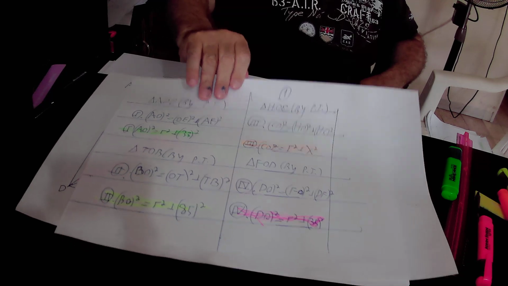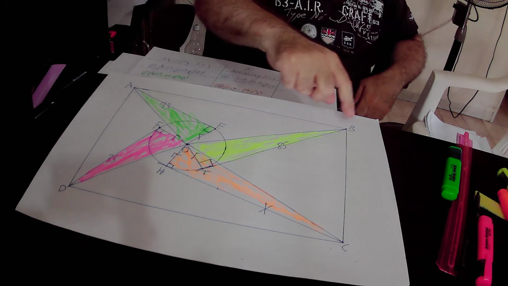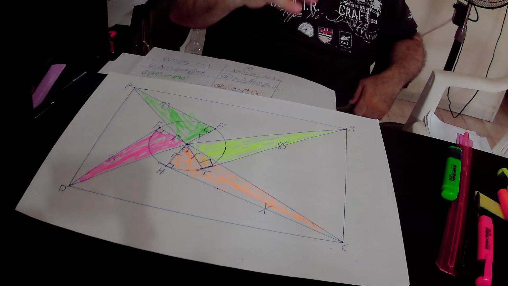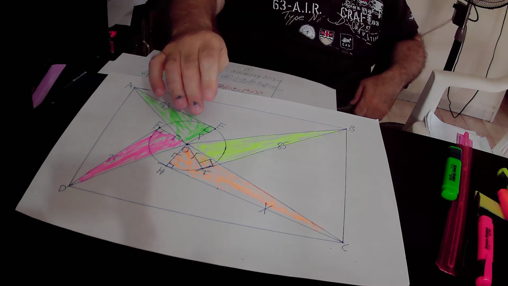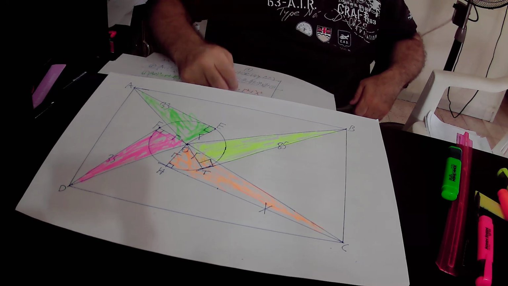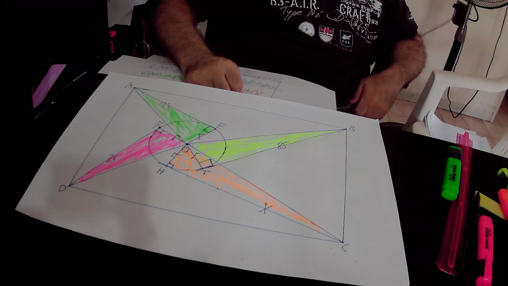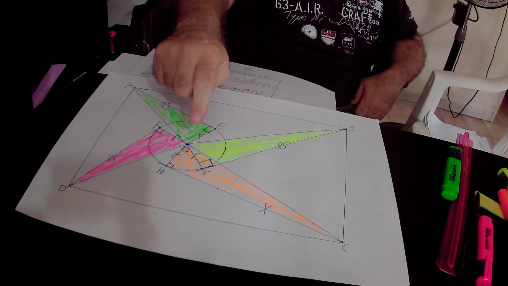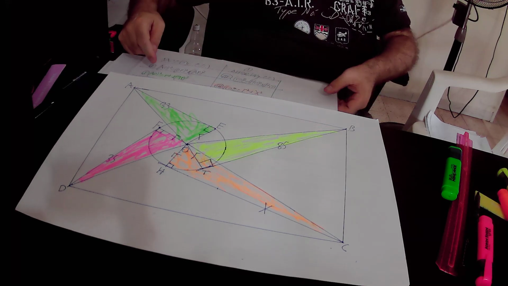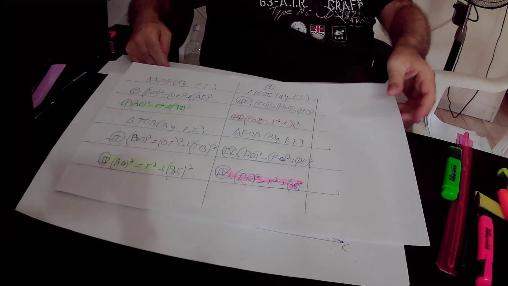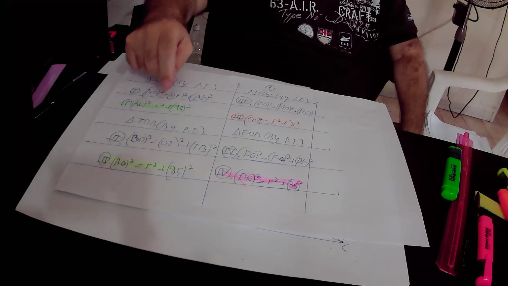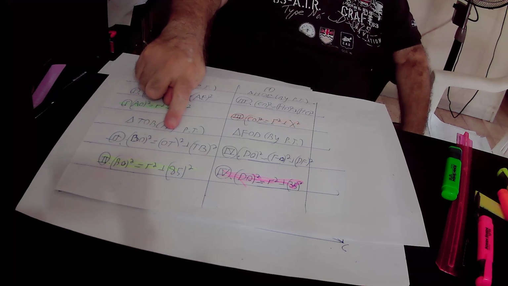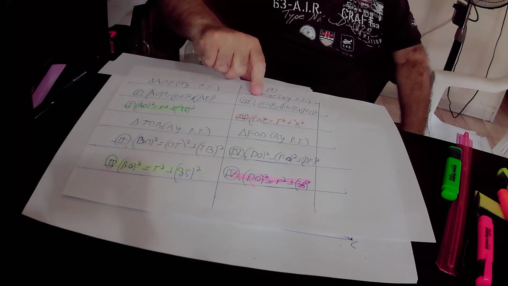Then we joined points O and B together by a straight line. In this way we created the yellow right triangle OTB. In the yellow right triangle OTB, according to the Pythagoras theorem, OB square equals OT square plus TB square.